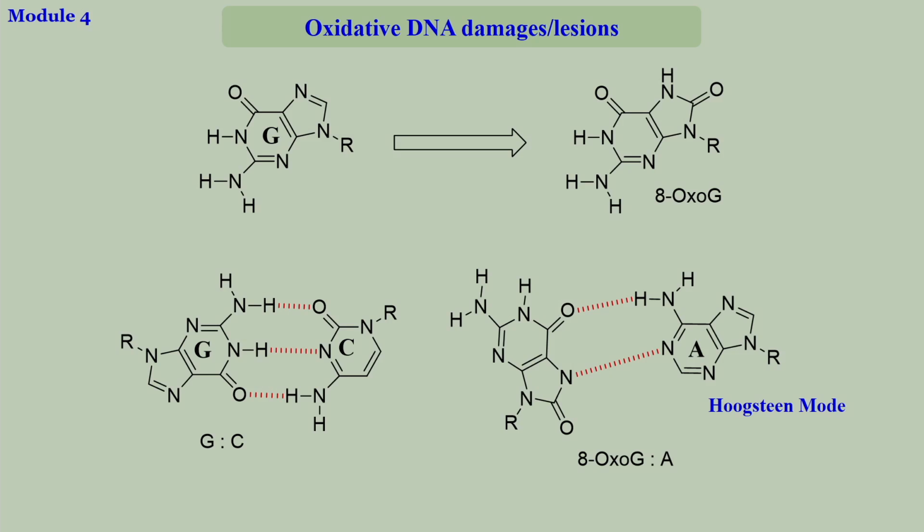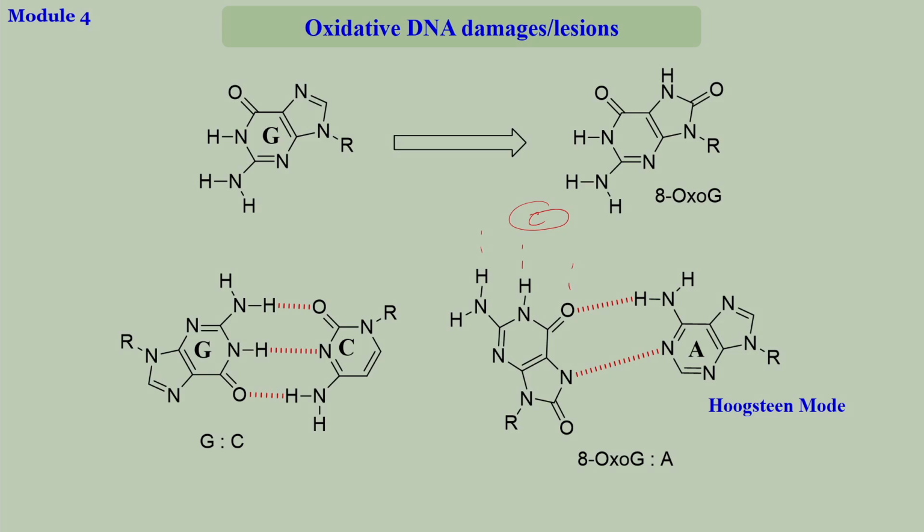Two things can happen. One is 8-oxo G still pairs up well with the cytosine counterpart, just like this 1, 2, 3 through this end, as usual with cytosine. That is fair, then there is no problem.